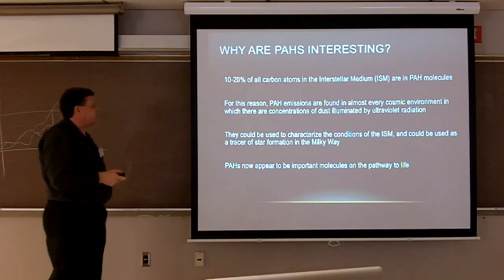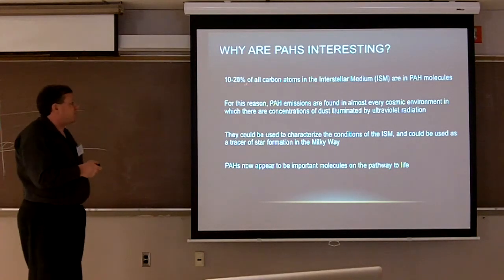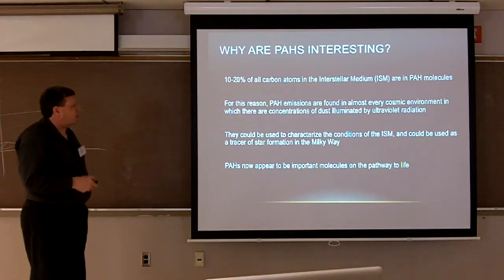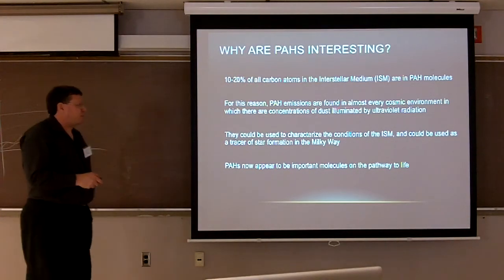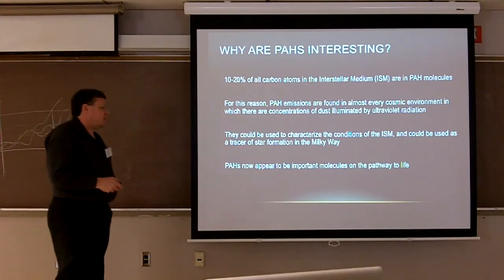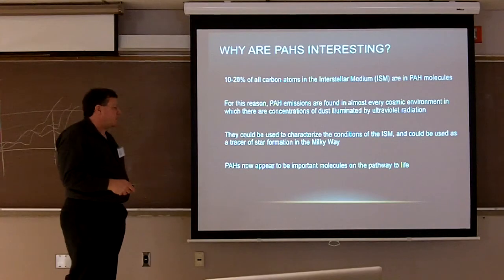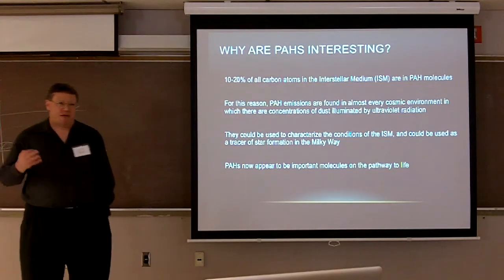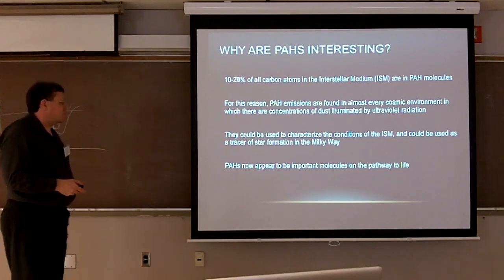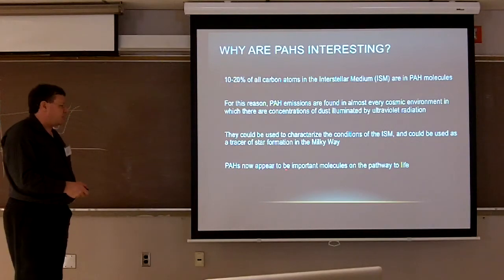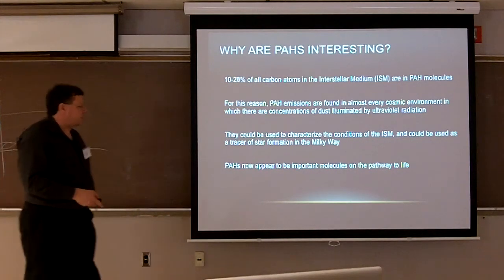So why are these things interesting? About 10 to 20% of all the carbon atoms in the interstellar medium are PAH molecules. They're found in almost every cosmic environment, and they could be used to characterize the conditions of the interstellar medium if we understood how they form in various locations. And they appear to be very important molecules on the pathway to life.